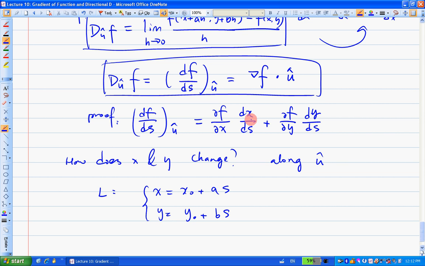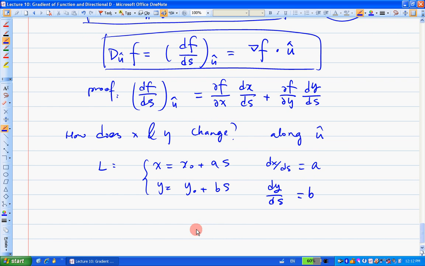So now you can see the derivative of x over ds, and what's the derivative of y over ds, based on here. Then this expression is equal to fx a plus fy b.